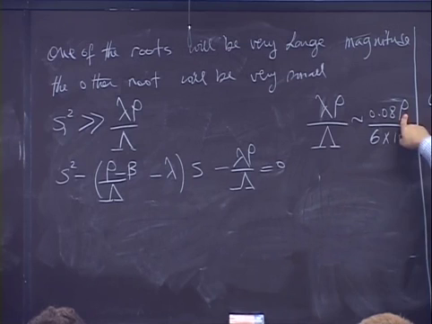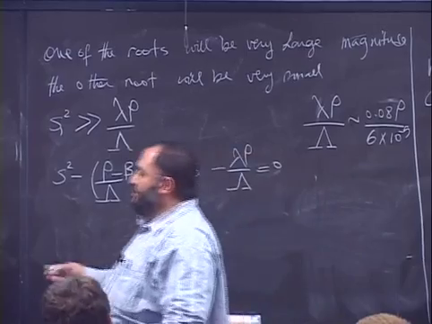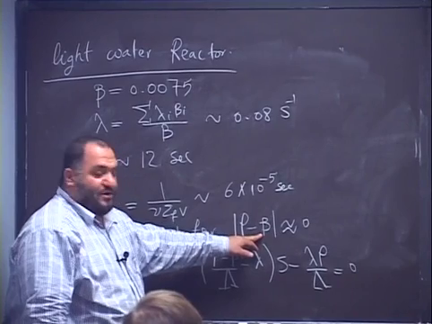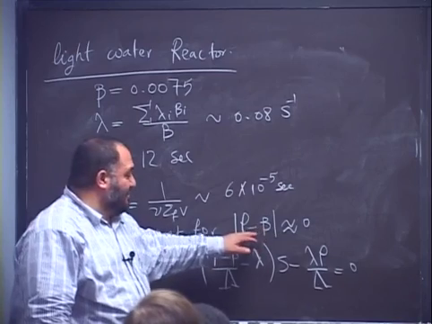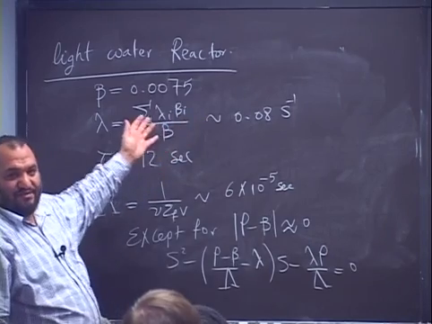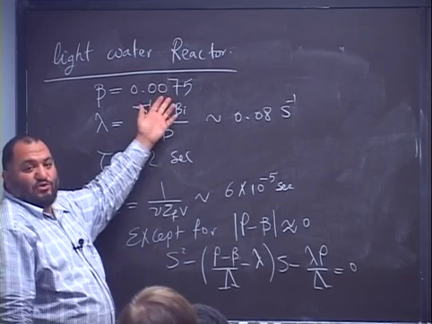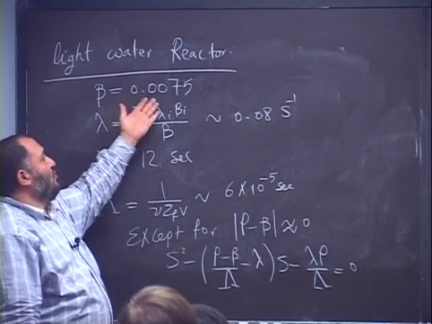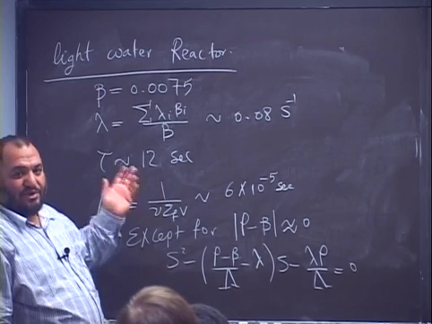Rho here will be what? If rho does not equal beta, meaning that the absolute value, your rho is far away from beta, yes? You don't want to make rho equal to beta, so it's not the prompt critical situation. So beta is 0.0075, yes? Rho might be much lesser than 0.0075, so that you do not make your prompt critical situation. So let's say 0.003 or something like this, half a beta or whatever, 0.003, 0.002.